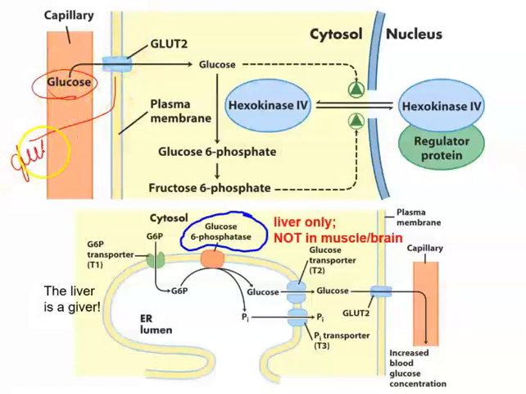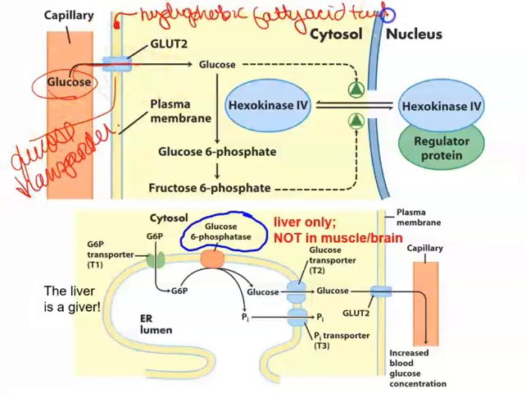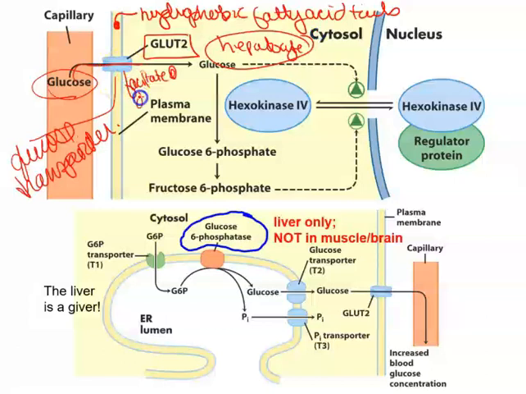So this is a glucose transporter to allow glucose to pass through the hydrophobic fatty acid tails of the membrane phospholipids. So here you see the GLUT2 transporter. This is a hepatocyte. So this is a liver cell that we're looking at. GLUT2 allows facilitated diffusion of glucose into and also out of the liver cell.